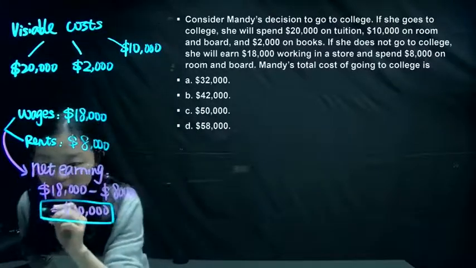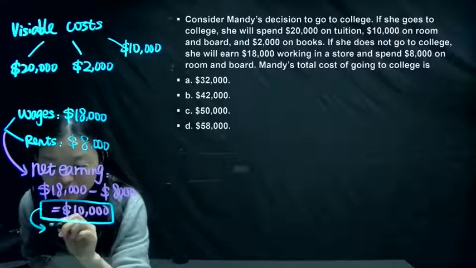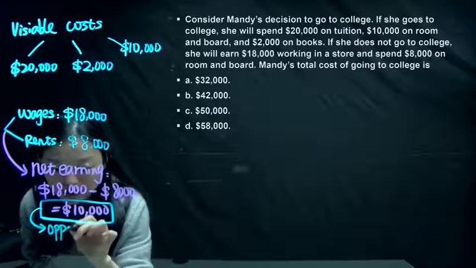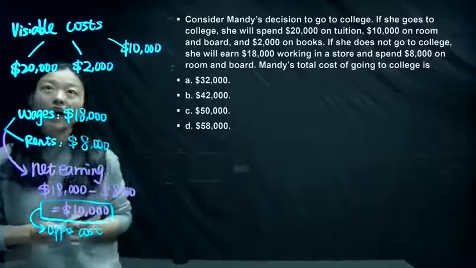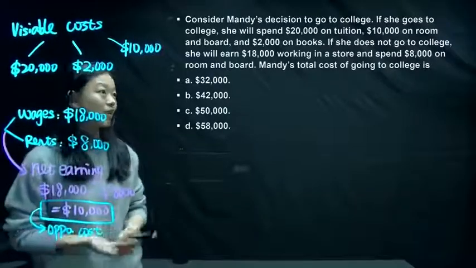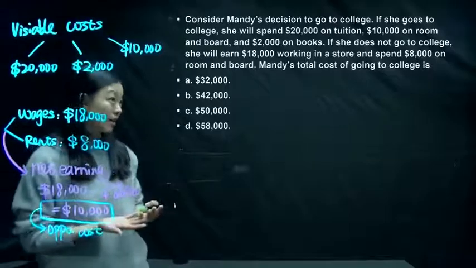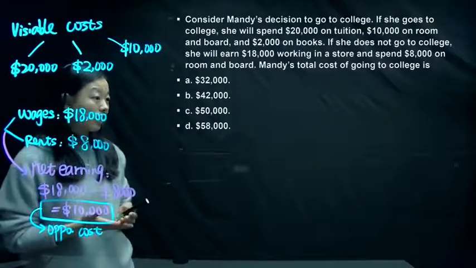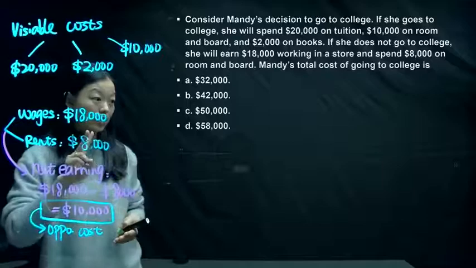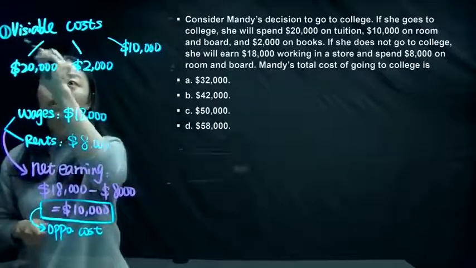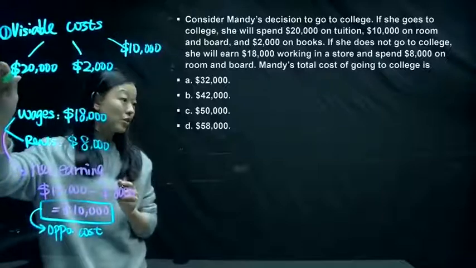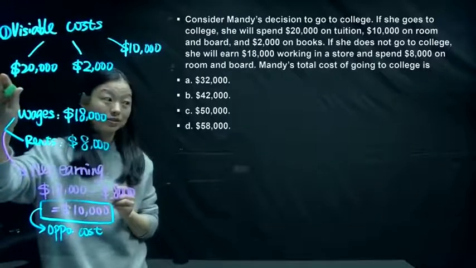This part will be the opportunity cost of going to college. Now, this question asks the total cost of going to college, right? So the total cost of going to college actually includes two parts. One is the visible cost that she needs to pay out of her pocket, right?